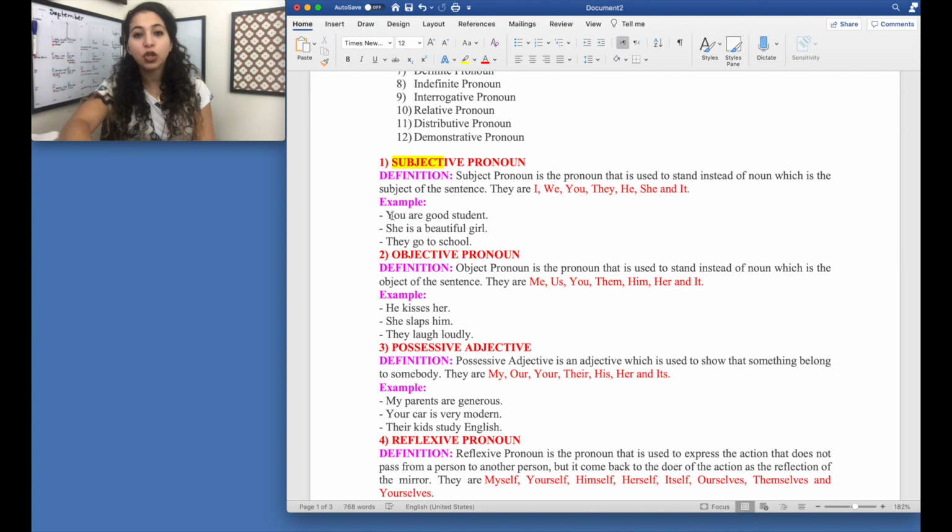Our examples: you are a good student. She is a beautiful girl. They go to school. So for example, with you, we're talking about you, so we're just going to keep that one as it is. She is a beautiful girl. Tanya is a beautiful girl, okay? They go to school.